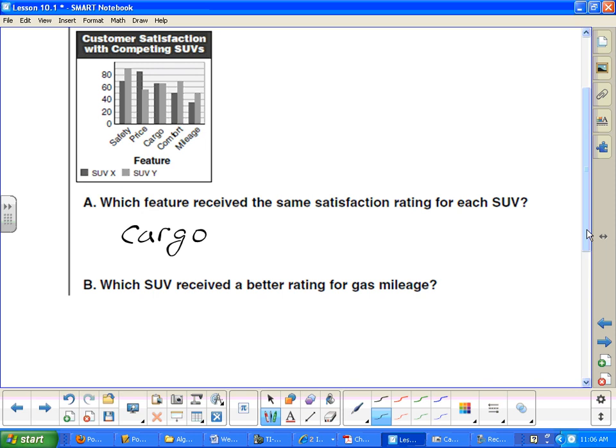And letter B, which one received a better rating for gas mileage? All right, so if we look at mileage, we can see there's the black and gray. The gray bar is higher than the black one, so we would say that SUV Y has a better gas mileage.